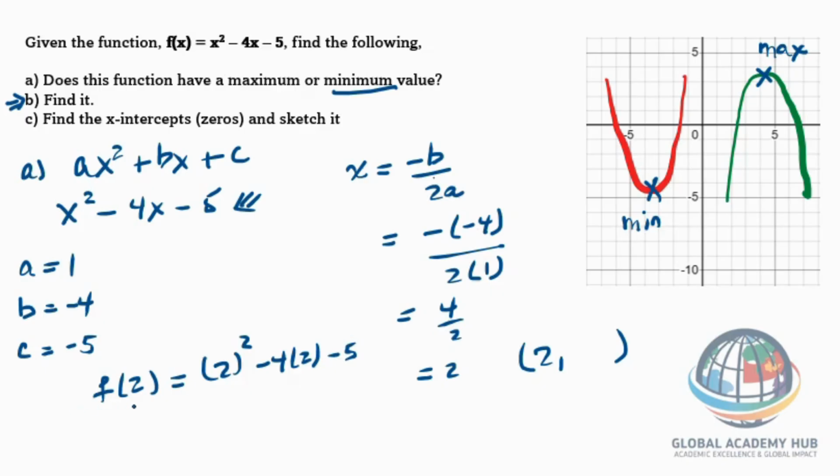And that's finding the value of the function, which is y. And that's going to be 4 minus 8 minus 5, which is 4 minus 13, which is minus 9. And so our point is (2, minus 9). That is our minimum value.